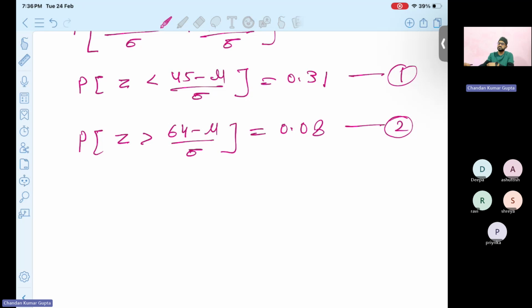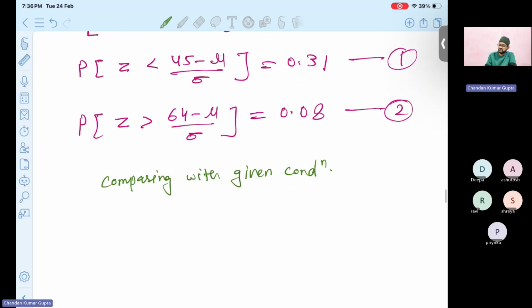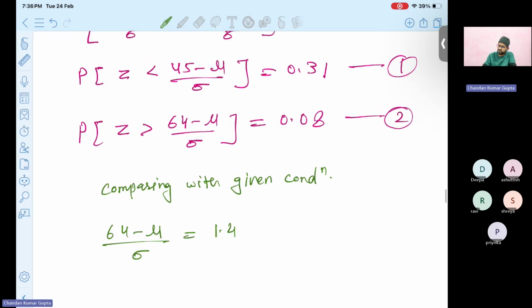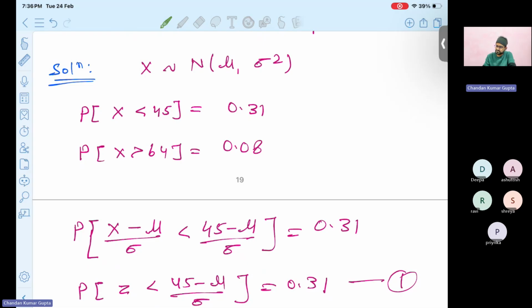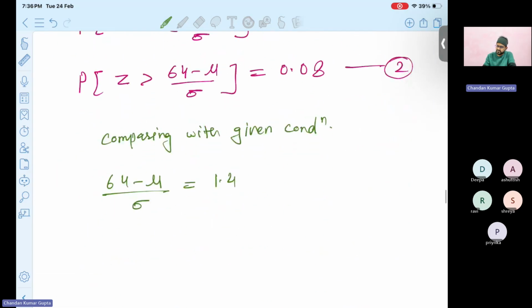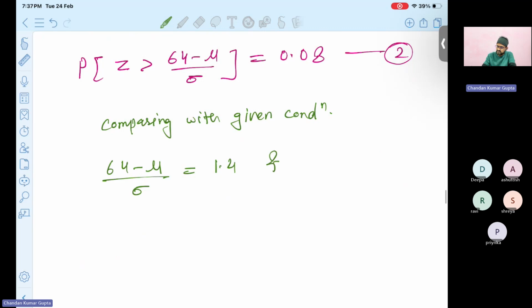So from those two equations, we can write directly, comparing with the given conditions, that (64 minus mu) upon sigma comes out to be 1.4, and similarly (45 minus mu) upon sigma is 0.5.